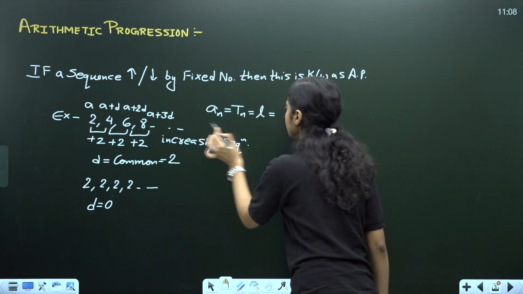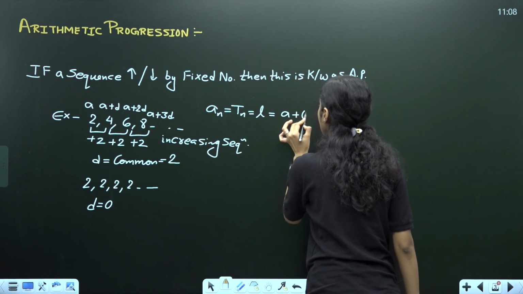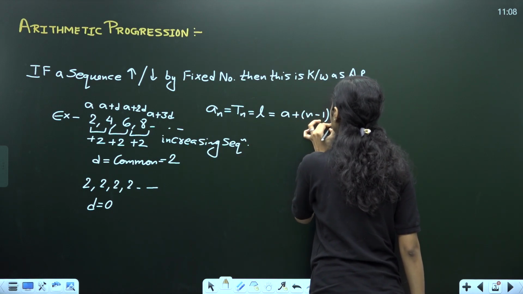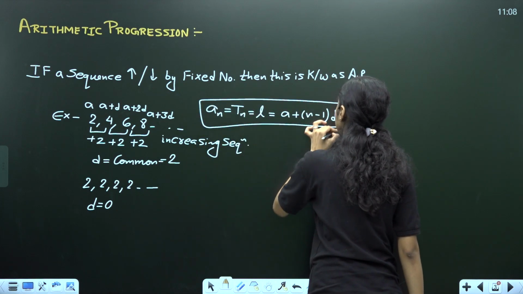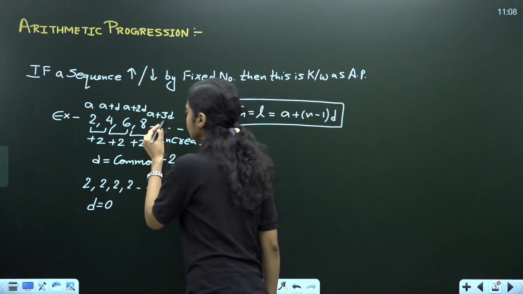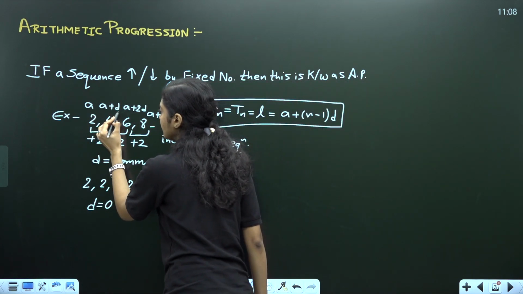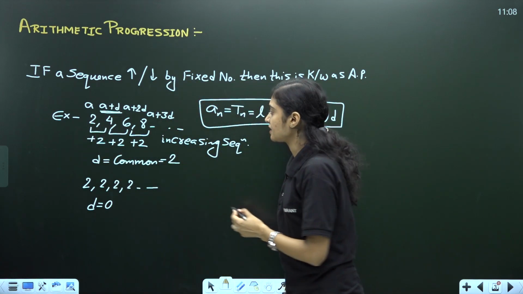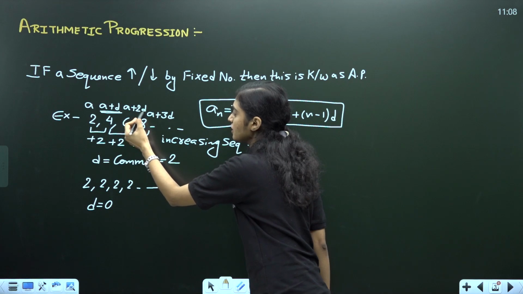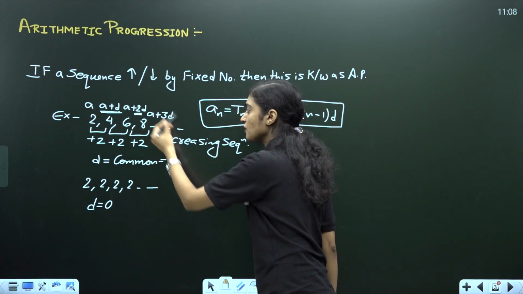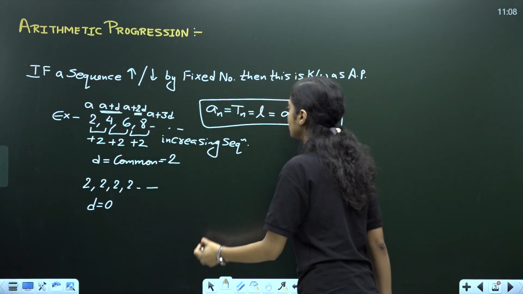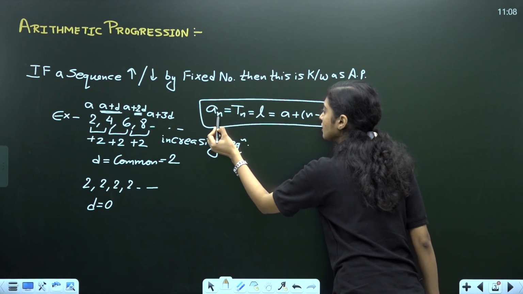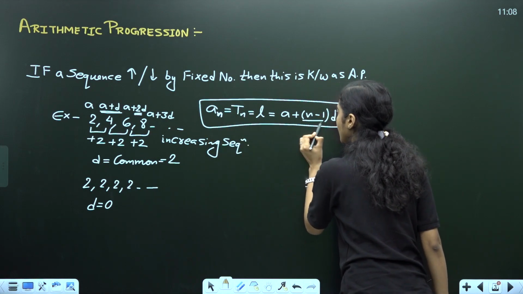Then the last term becomes A plus (n minus 1) D. We observe that the second term has coefficient of D as 1, the third term has coefficient of D as 2. The coefficient of D is 1 less than the number of terms, so the nth term has coefficient of D as n minus 1.